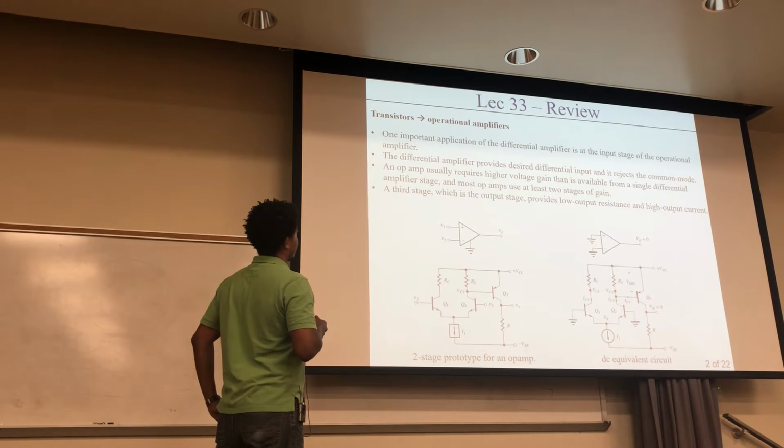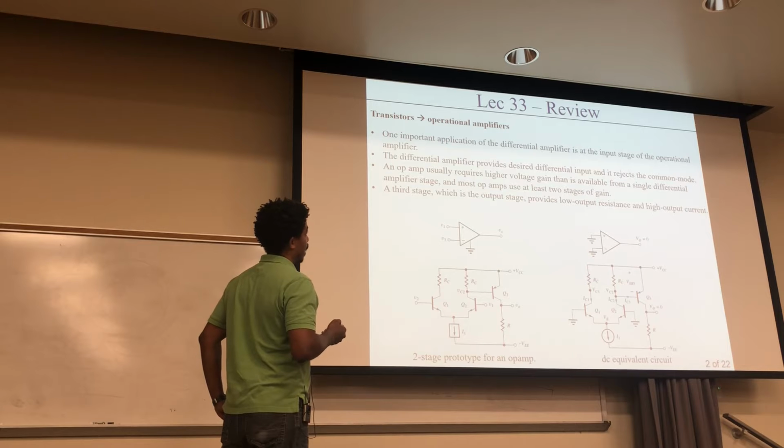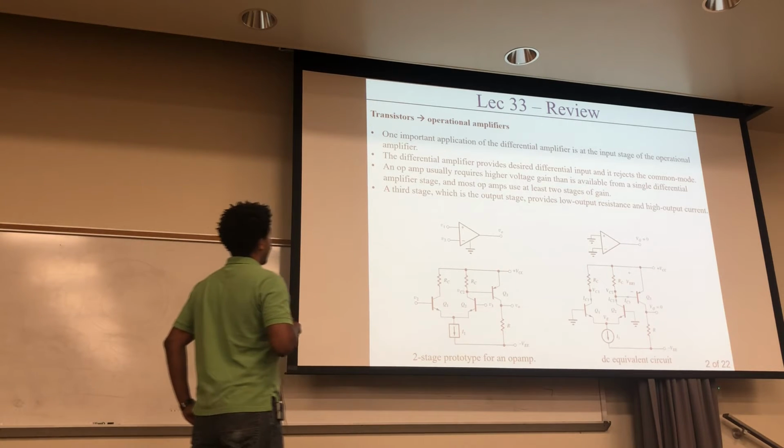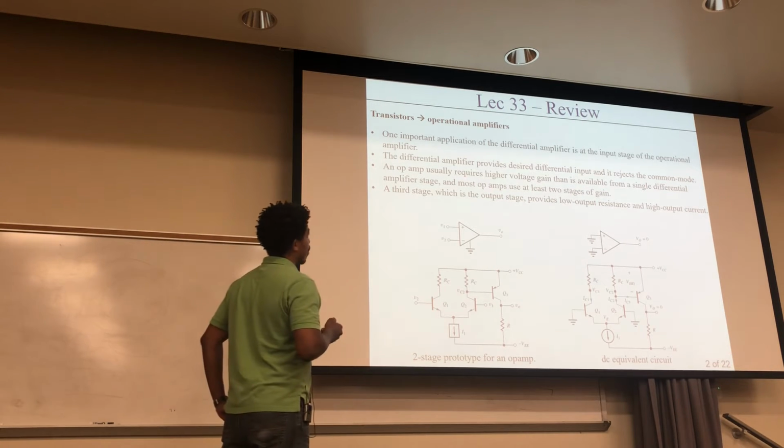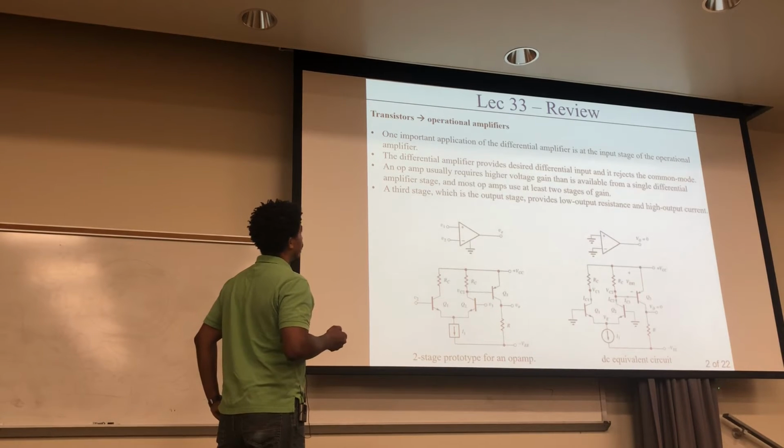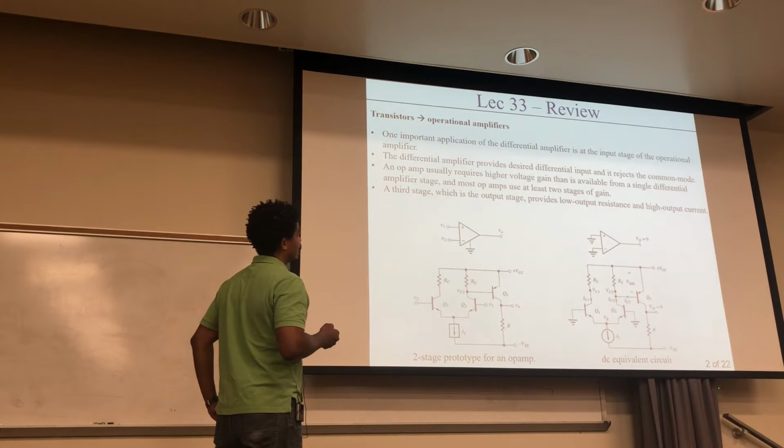This differential amplifier provides the desired differential input and rejects the common mode. An op-amp usually requires higher voltage gain than is available from a single differential amplifier stage, and most op-amps use at least 2 stages of gain.